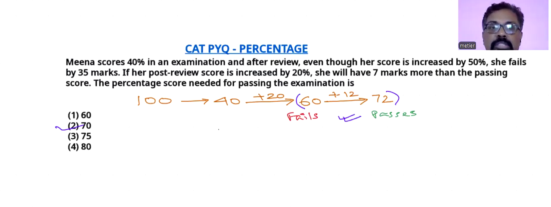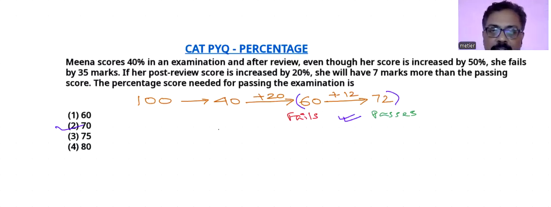Now, if the options are such, what should be our approach? And if the options are not given at all, if it is a TITA question, in that case, our approach should be this.